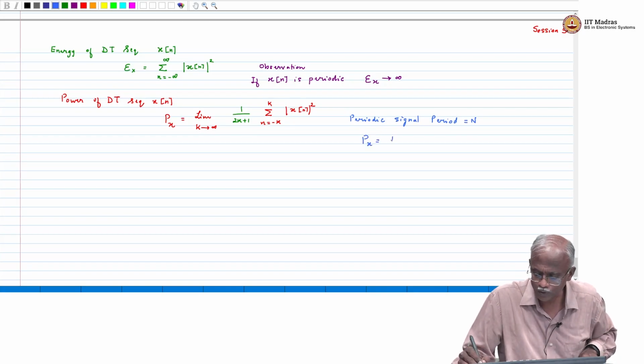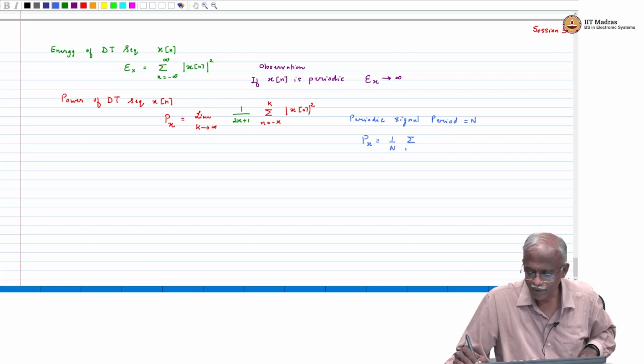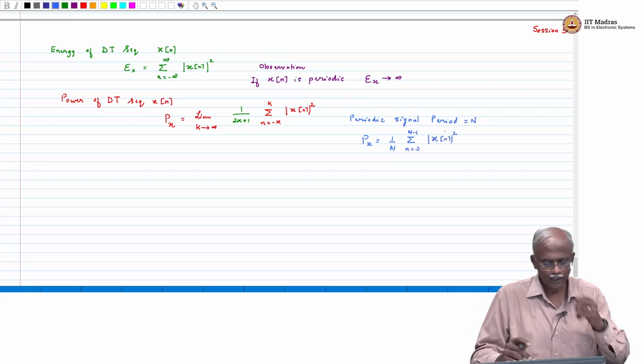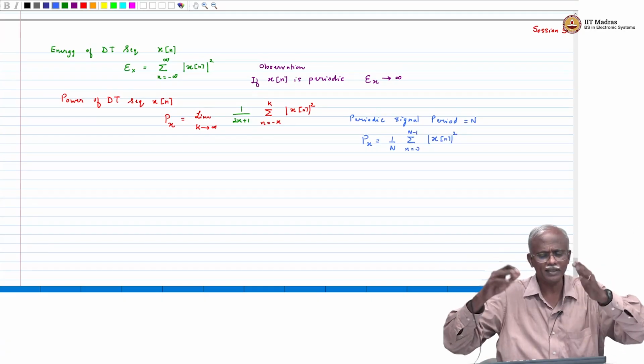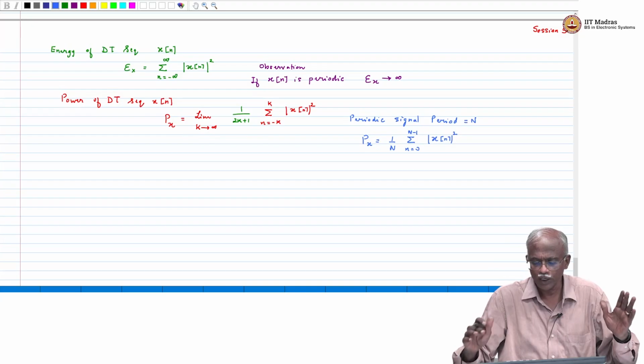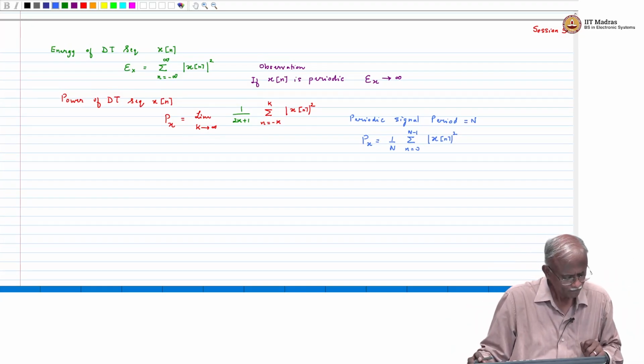Px is equal to, you just have to look over one period, 1 over N, the summation from n equal to 0 through N minus 1 of mod x of n squared. Because as you include more and more periods, you will be getting the same value again and again. So, no need to go from minus infinity to infinity, you can do this.